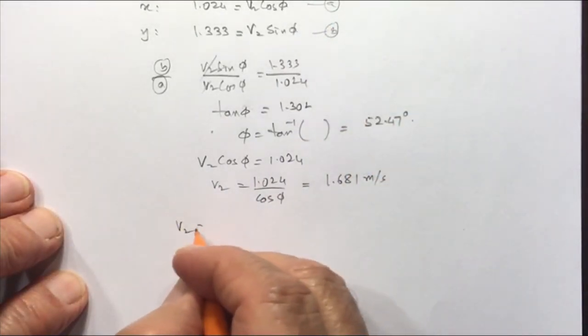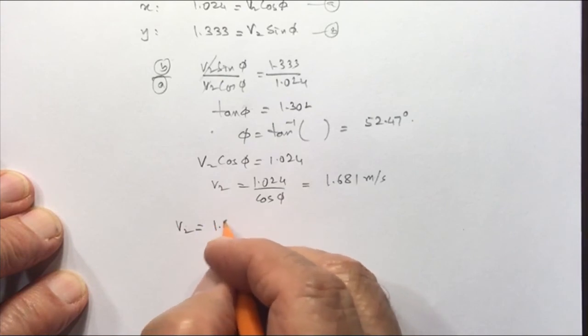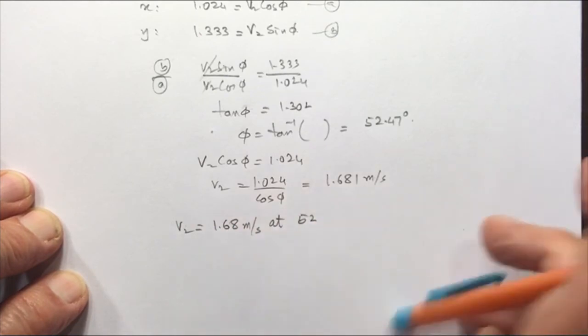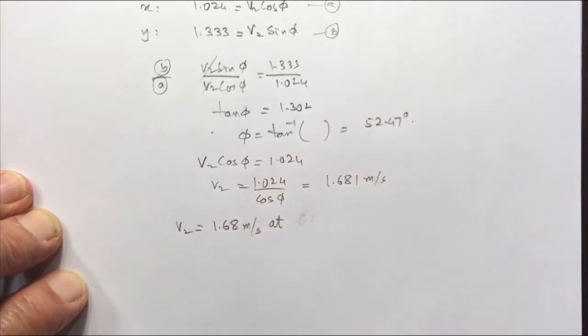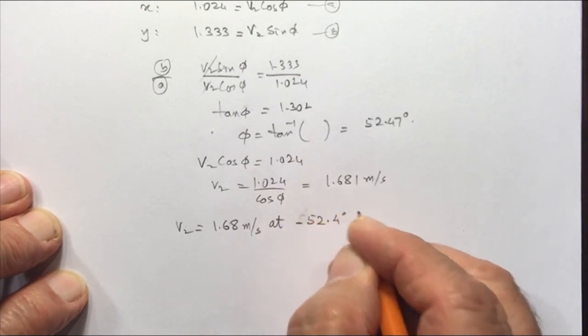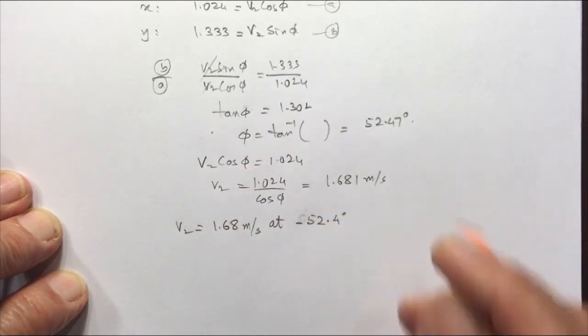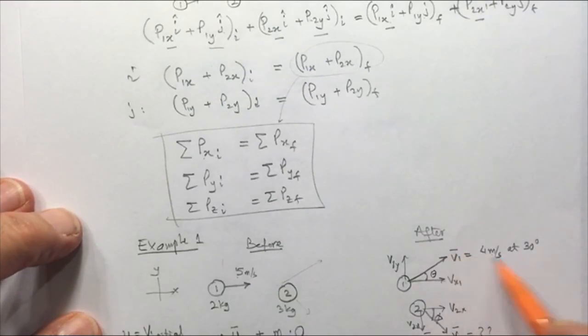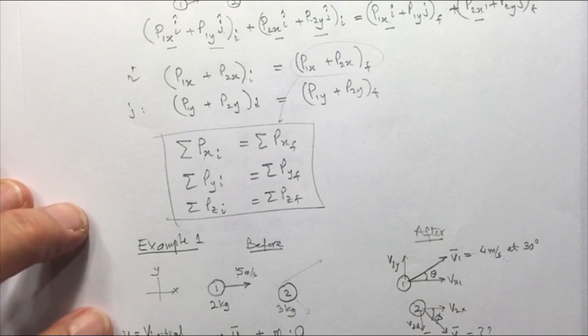And therefore, v2 is 1.68 meters per second at 52, or you can say at minus 52.4 degrees, or 52 degrees in the lower direction. Okay, so we have the solution, but we did need to know this in order to find this other one. If we did not know the velocity here, we would not be able to find the other one.